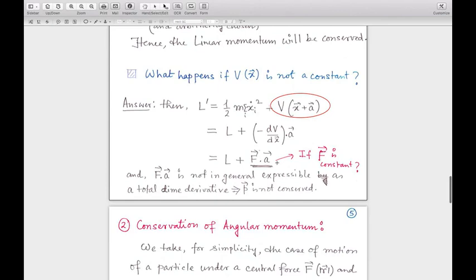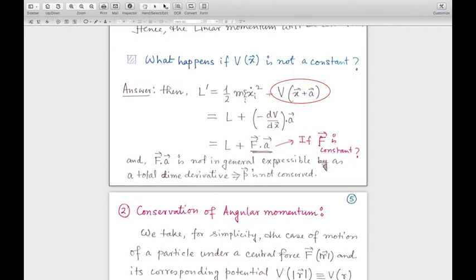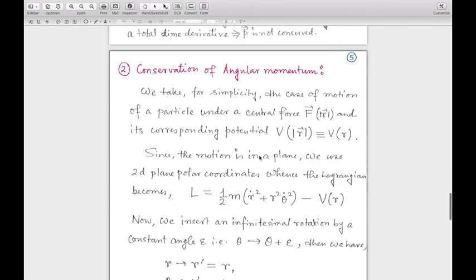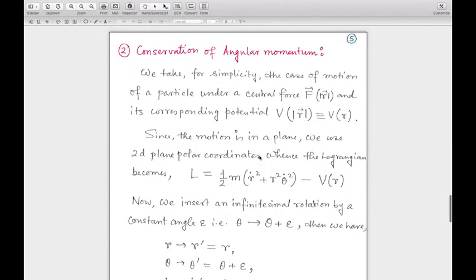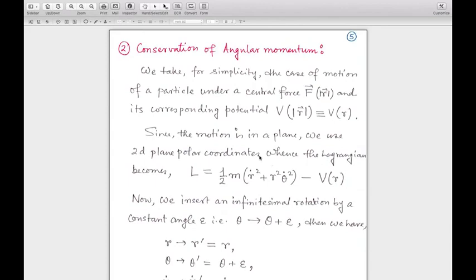Whether we can also say that for this, p is not conserved or p is conserved. That means f is non-zero but is a constant. Think about that. Of course, as you all know, for a system with constant force, the momentum is no longer conserved, right?